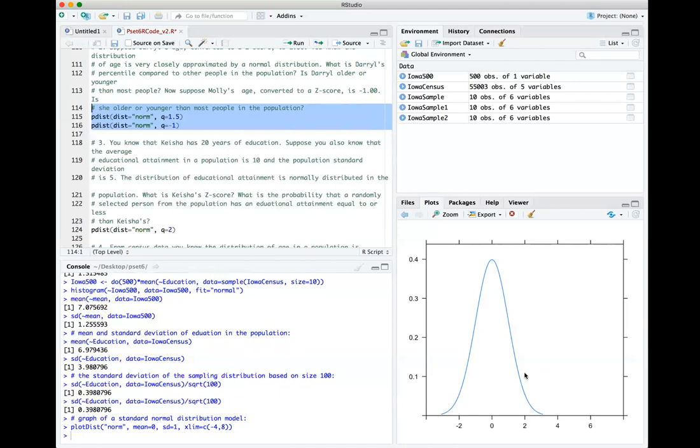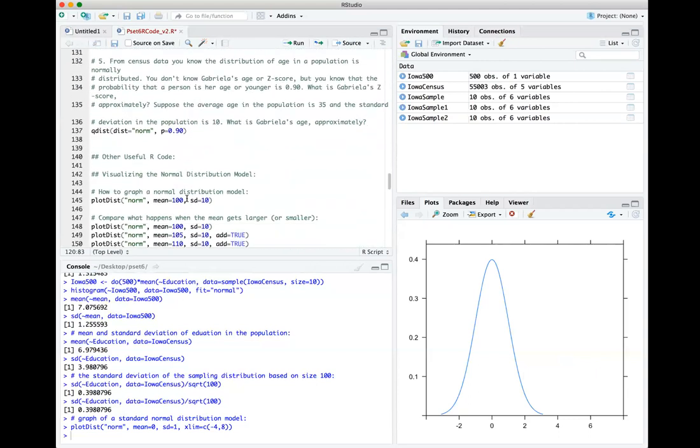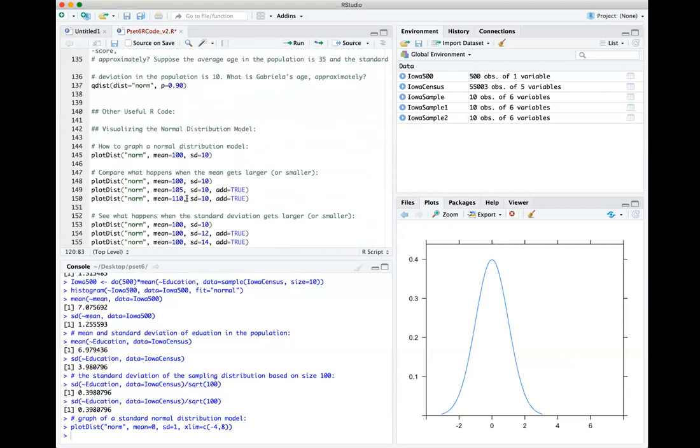We can also take a z-score and transform that to a percentile. We can also take 2 different scores from 2 different tests, as we have shown in the module, look at those z-scores, and then compare percentiles based on different metrics. I'm not going to go through some of these examples because they're pretty clear here, but the main point is that's what you can do with the normal distribution model, and that's separate from statistical inference.